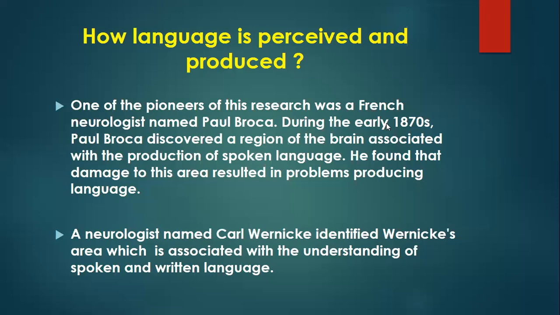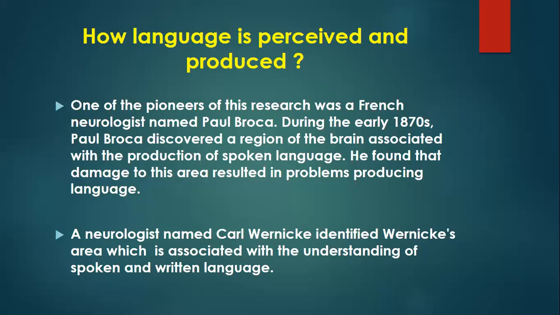Clear? Now let's specifically talk about what part of your brain is actually responsible. We touch on this scientifically, not a lot. Today I'm going to tell you about two scientists. One of the pioneers of this research was a French neurologist named Paul Broca during the early 1870s.